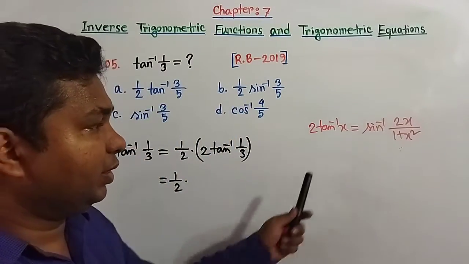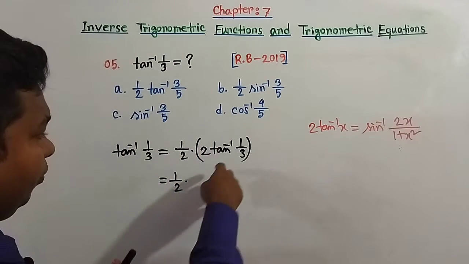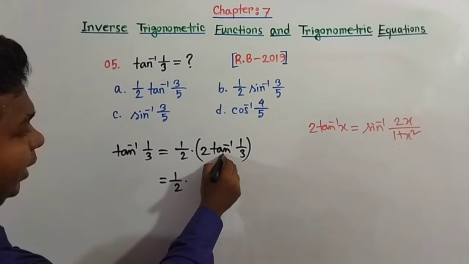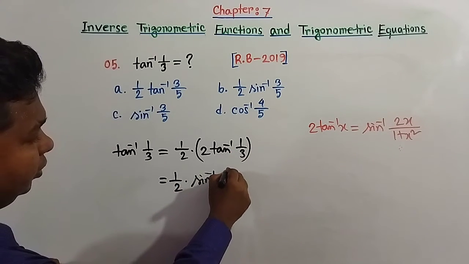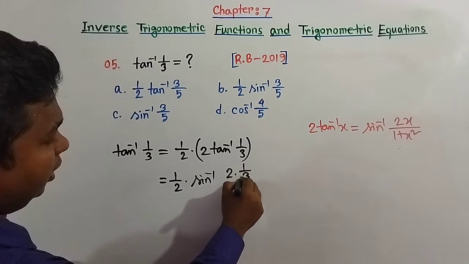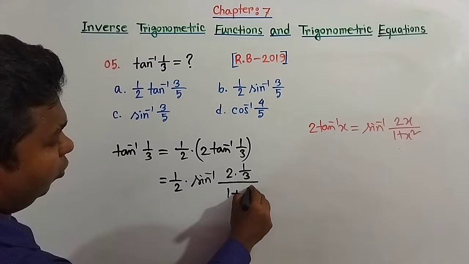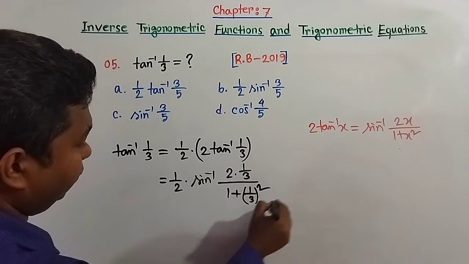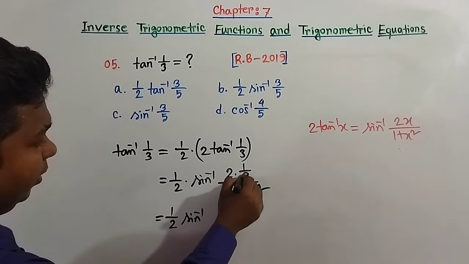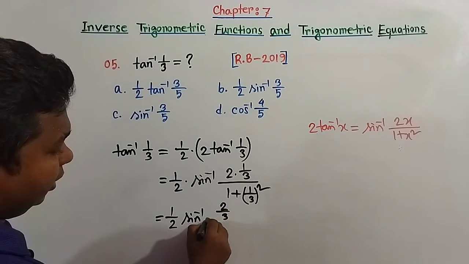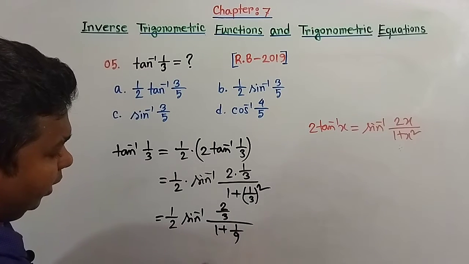By using this formula, we solve this question. Here we can write 2 tan inverse x equal to sine inverse 2 into x divided by 1 plus x square, that is 1 plus 1 by 3 whole square. Then half into sine inverse, here we will get 2 by 3 divided by here 1 plus 1 by 9.